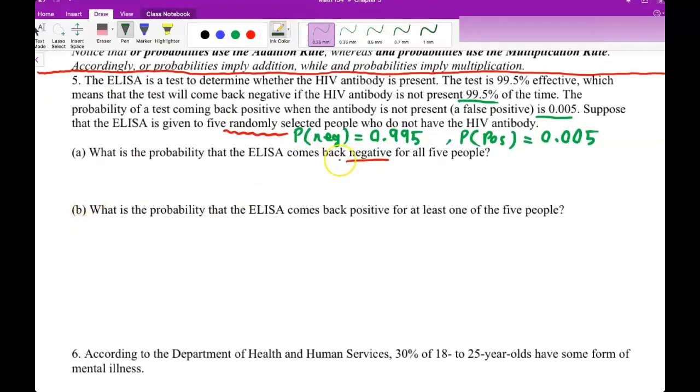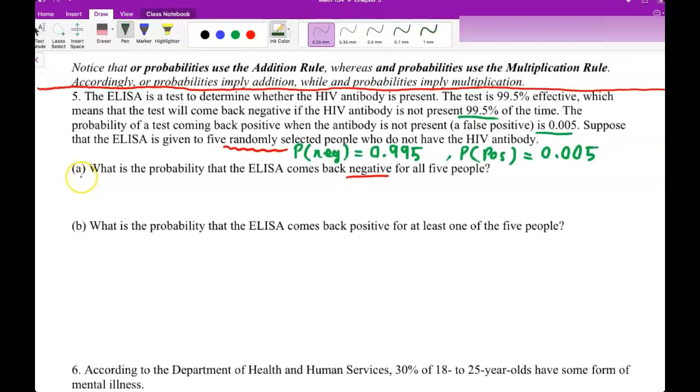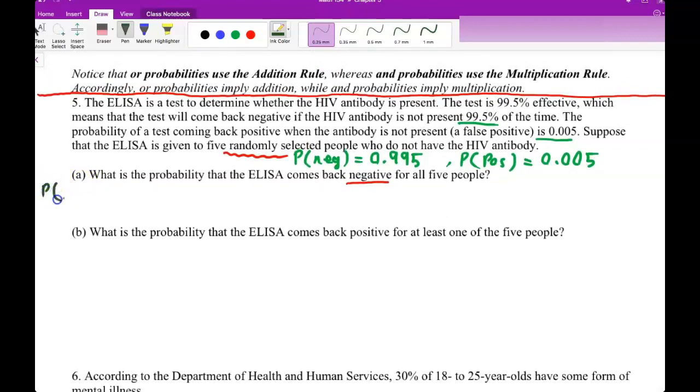Now here we have negative for all 5. So all 5 negative. I have the first one negative, second negative, third negative. So all of these 5 negative. In between we have our probability of, okay, the first one negative.